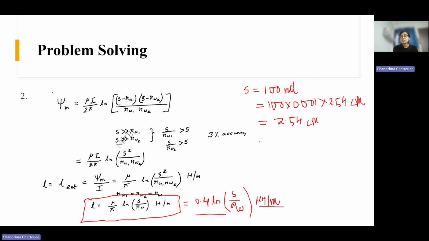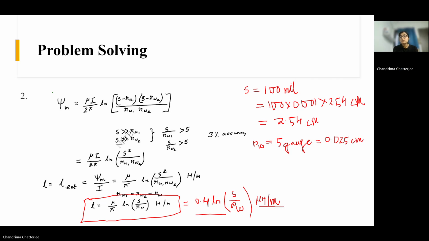What else? Rw, the radius of the wire. That is 5 gauge. 5 gauge is basically equal to 0.25 millimeter. That is 0.025 centimeter.